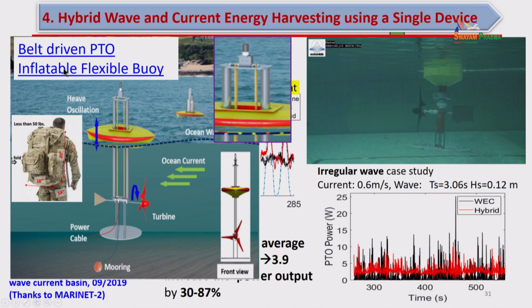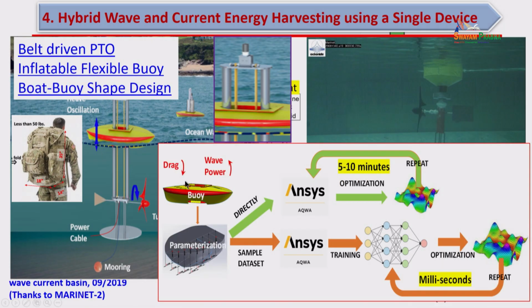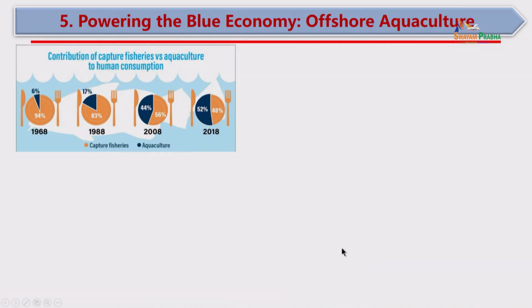So we use an inflatable, flexible buoy instead of a rigid one. We also use machine learning to optimize the shape. Instead of using CAD and SolidWorks to make the drawing, doing the simulation in MATLAB, we can use a machine learning process, using one software to quickly do the iteration process.